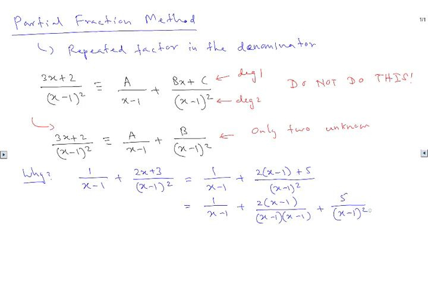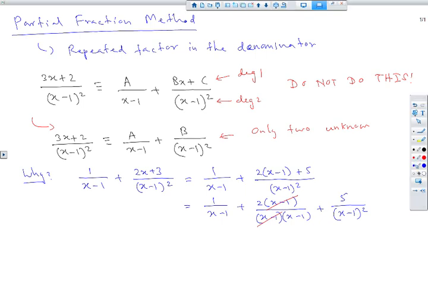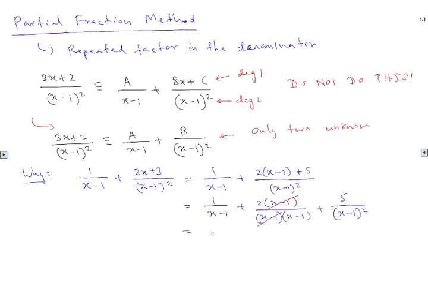Now you can see that this factor gets cancelled, and you simply get 2 over (x - 1) plus 5 over (x - 1) squared.